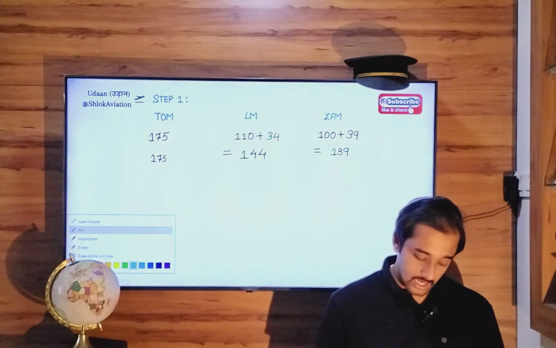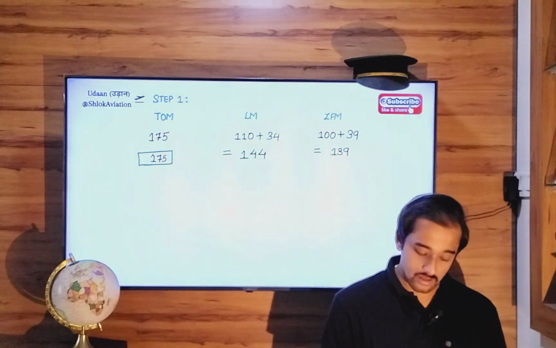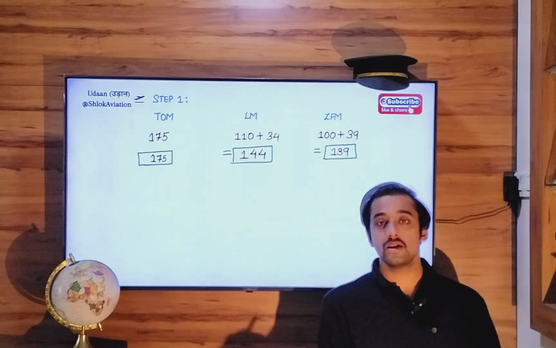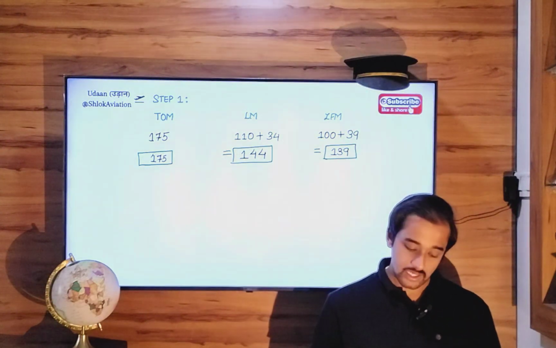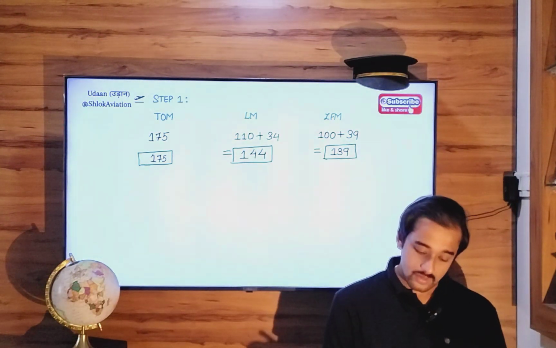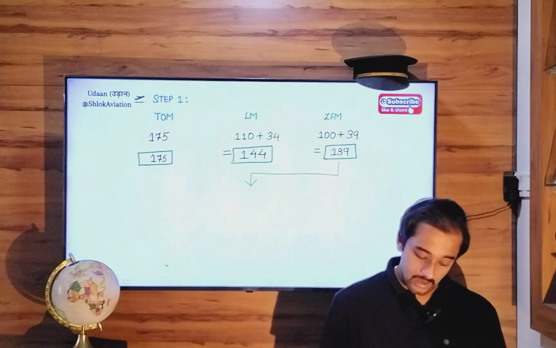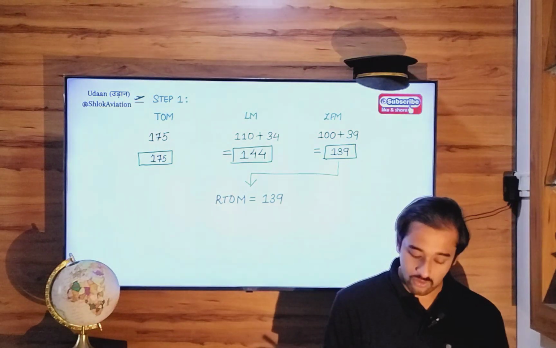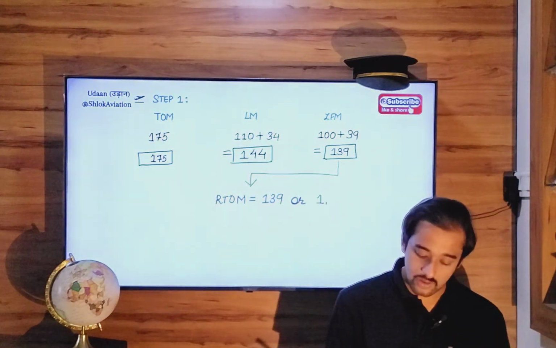Out of these three takeoff values, you have to select the lowest. The lowest is 139. So 139 is your regulated takeoff mass, which is 1,39,000 kg.